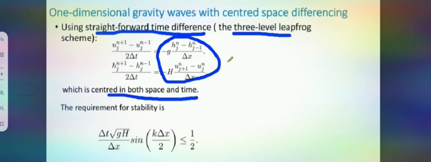Then you have the parallel leapfrog 3-level scheme for staggered grid. This is the leapfrog scheme with center space differencing for a staggered grid. Similarly, center space differencing leapfrog time for non-staggered or the cell center.